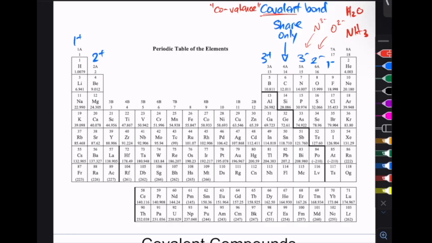However, there are some cases where you can always count on it being ionic or covalent. So in general, let's just put some general rules up here. If you have a group 1 or a group 2 metal, and it's forming a compound with a nonmetal, we're going to always consider that to be ionic.